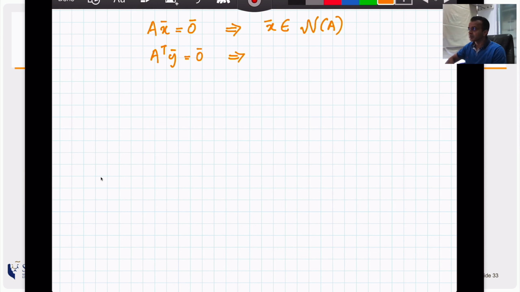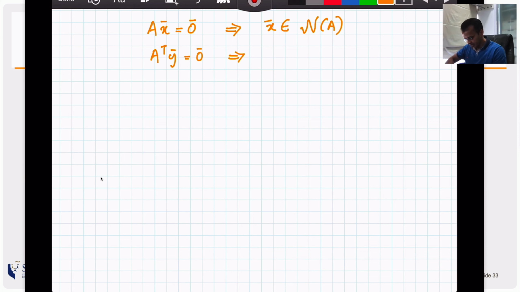What does that mean? Ax equal to the 0 vector. That will mean that x is in the null space of A. If you have A transpose y is 0, by the same analogy, or just looking at the symbols there, you can say that the y vector now is a member of the null space of A transpose, and that null space is the left null space.